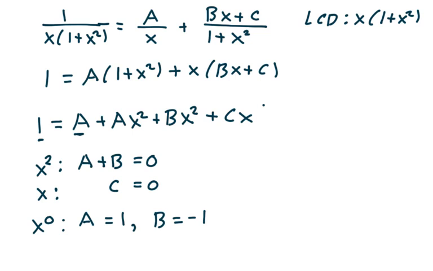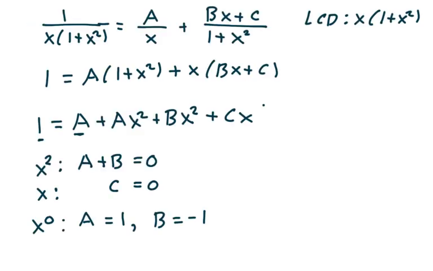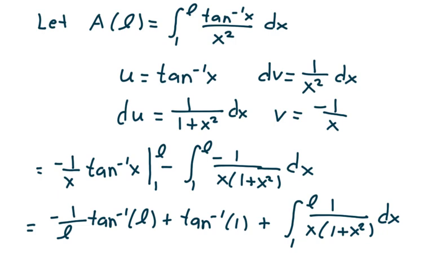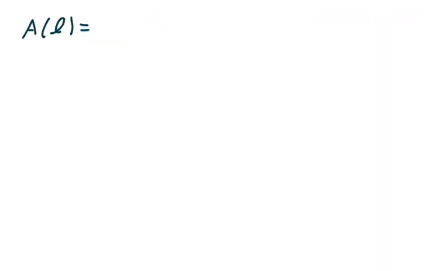Okay? So from here, a of L equals, now let's go back. We get negative 1 over L, arctangent of L, and then this is pi over 4. So we get pi over 4 minus 1 over L, arctangent of L. Then I'm going to go plus the integral from 1 to L of.